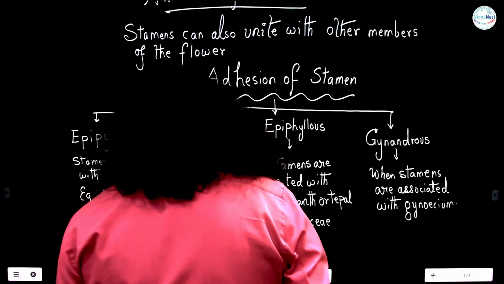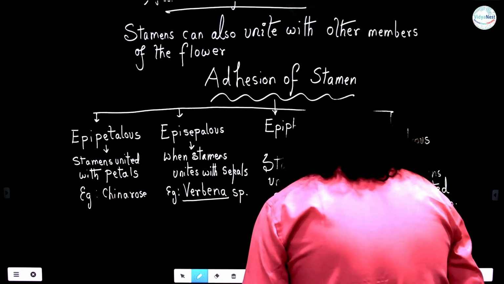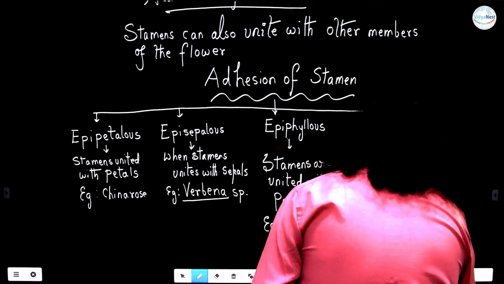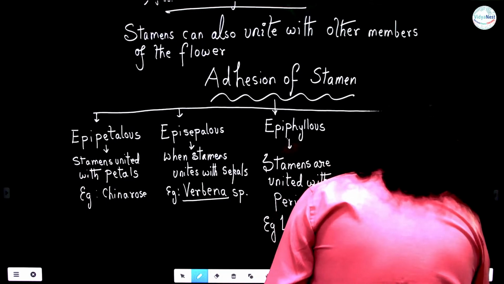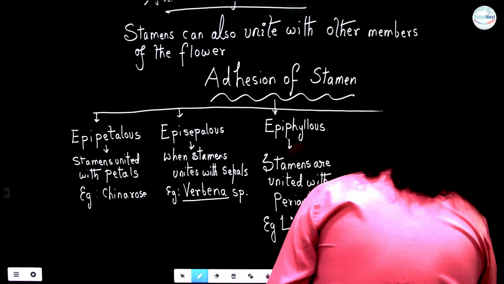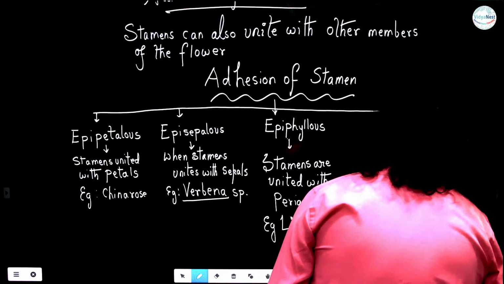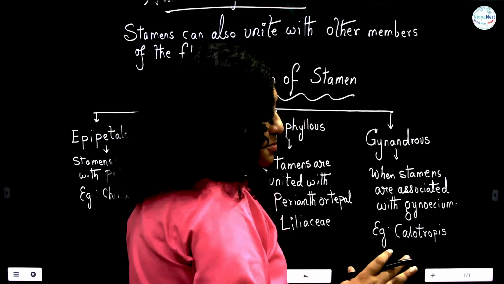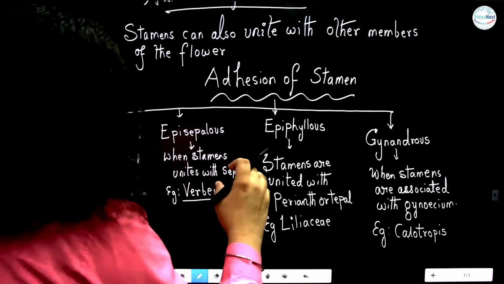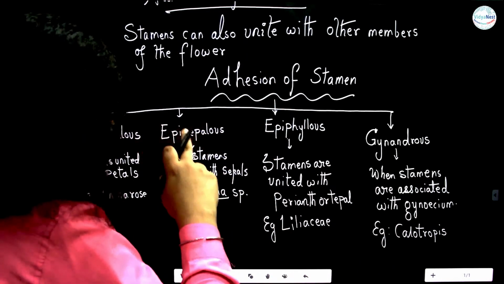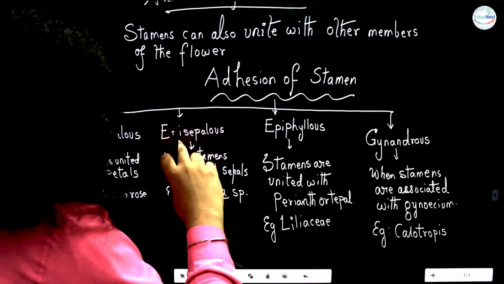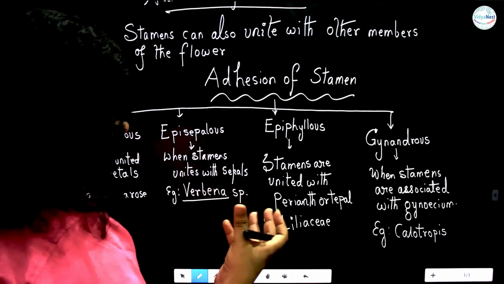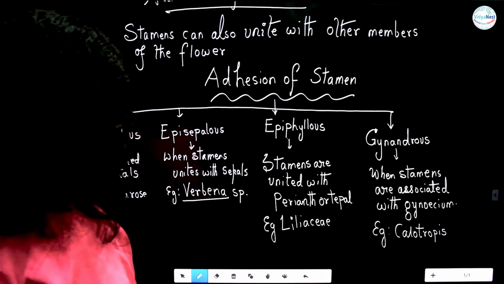That is known as the gynandrous condition, and this is found in Calotropis, forming gynostegia. In Calotropis, the stamens and the stigma of the pistil join together to form a stage-like structure, and that is known as gynostegia.